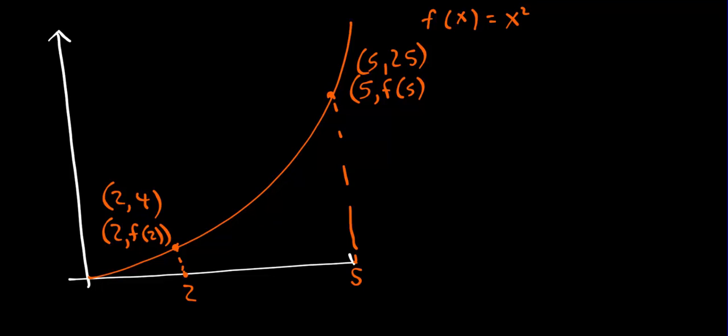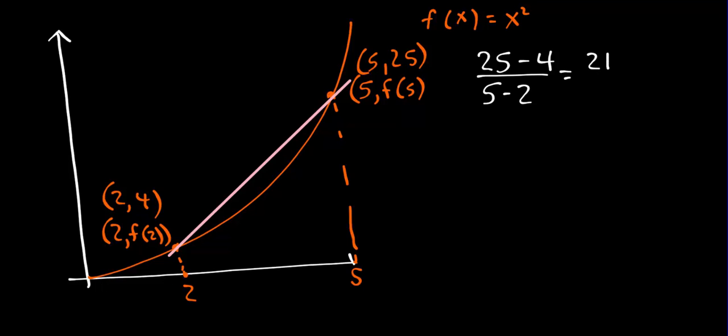Now, think about if I connect these two points with a line. If I wanted to, I could find the slope of that line. It'd be pretty easy, because you know how to find the slope. The slope is just the change in the y's over the change in the x's.